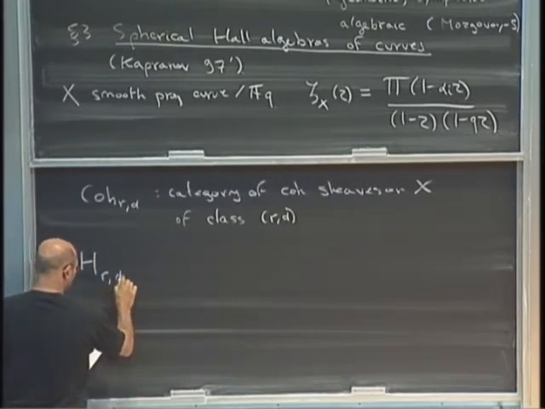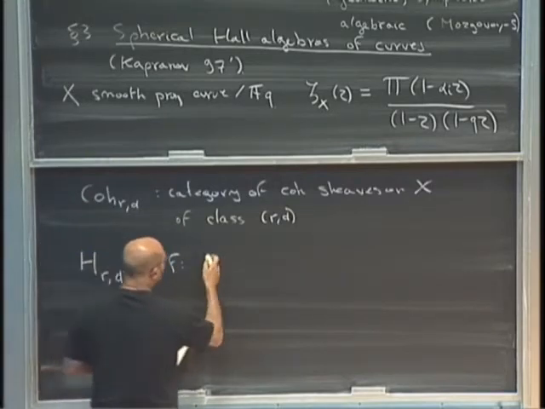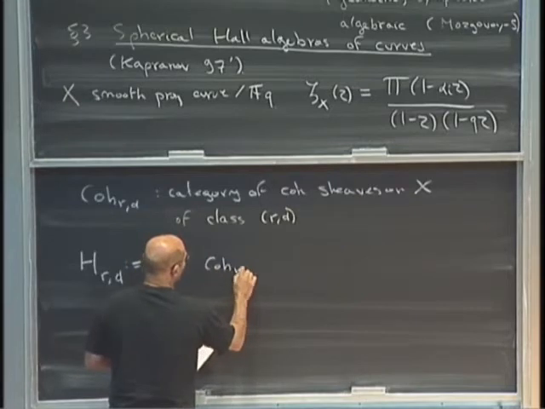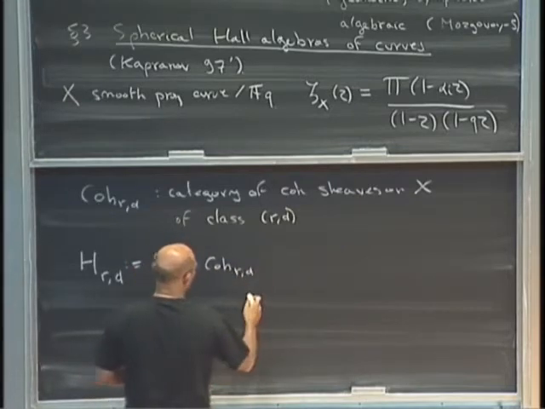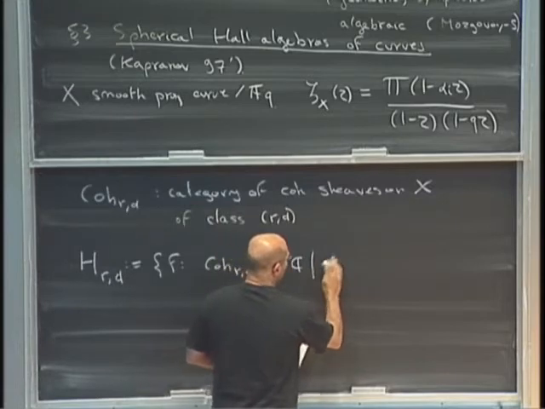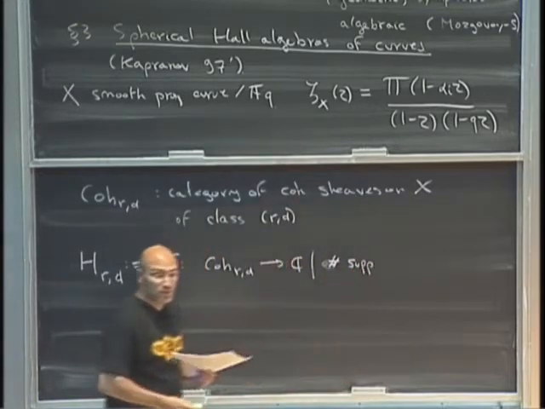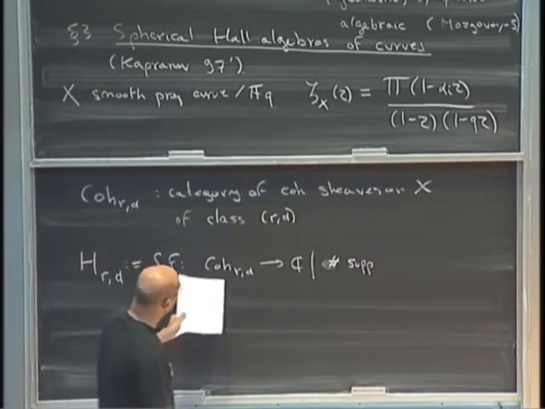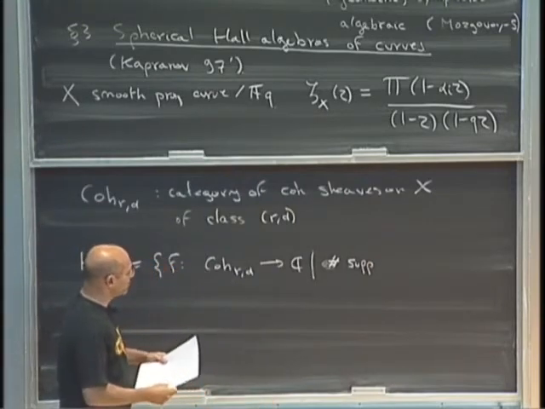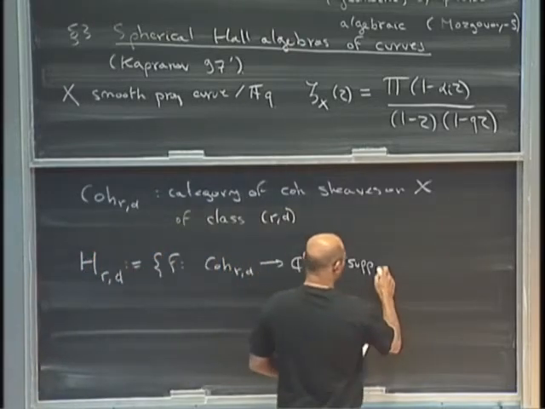H_{R,D} is the set of functions from objects of Coh_{R,D} up to isomorphism to C such that the support is finite. So compactly supported functions on the moduli stack of coherent sheaves of rank R and degree D.